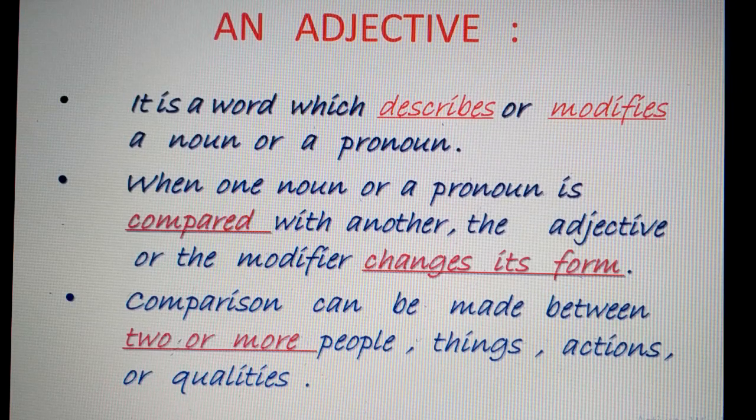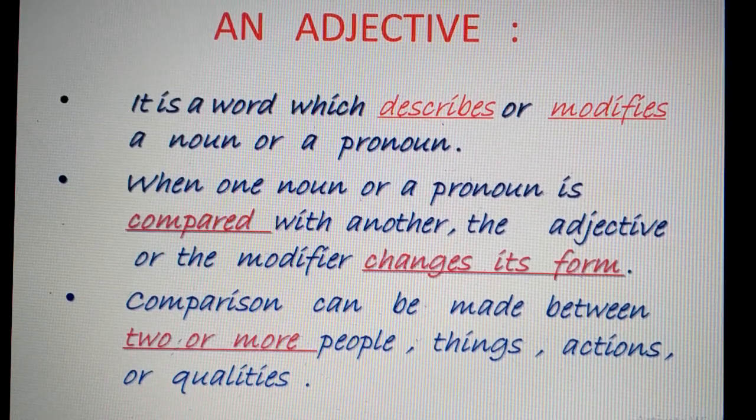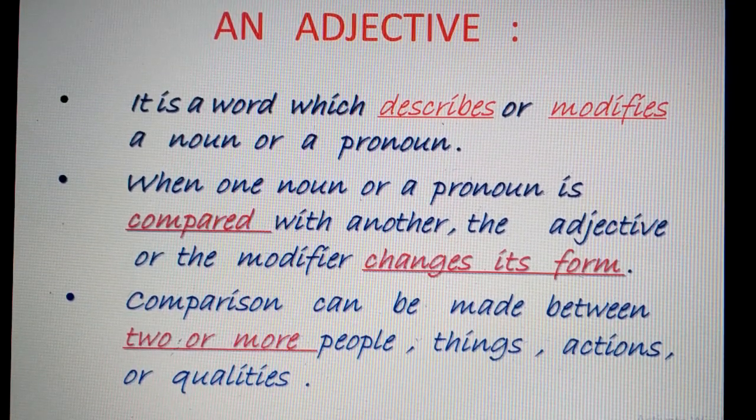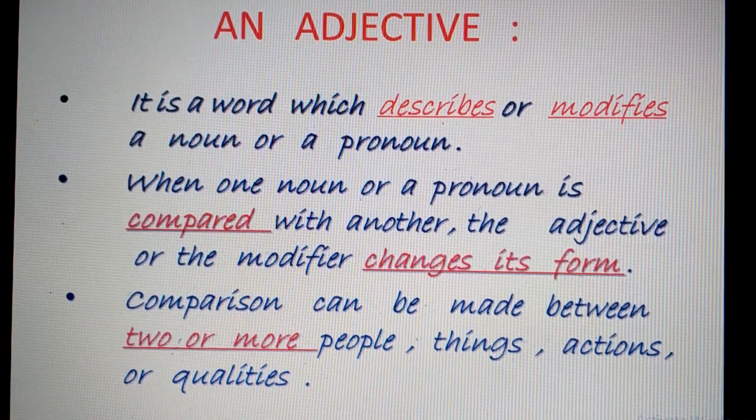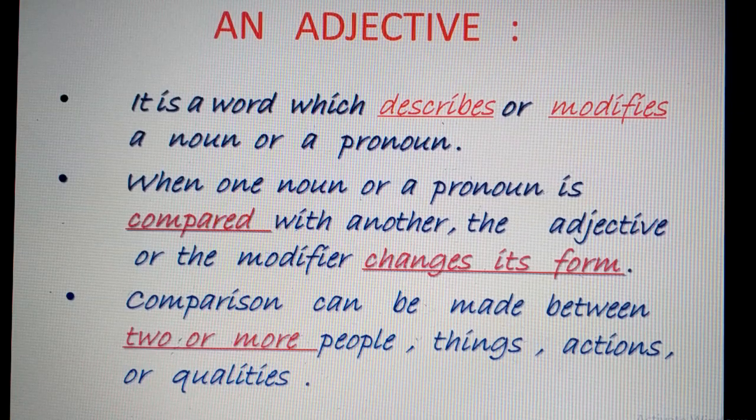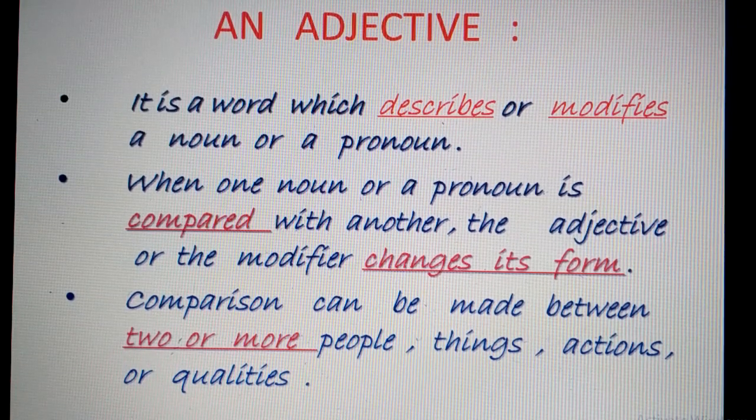Now, comparisons, as you all know, can be made between anything, between two objects or people or things, or two or more than two people, things, actions, or qualities.